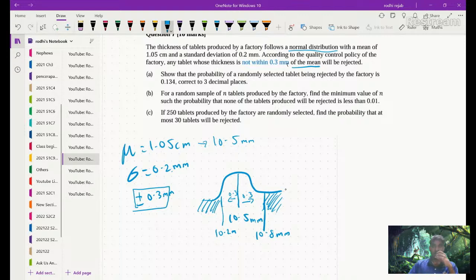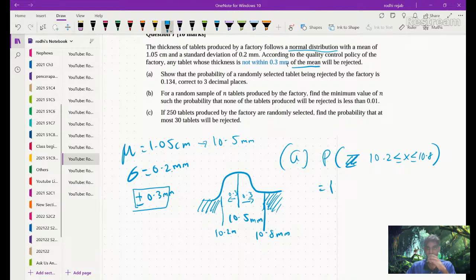So how to solve it? For part A, it would be P(10.2 < X < 10.8).